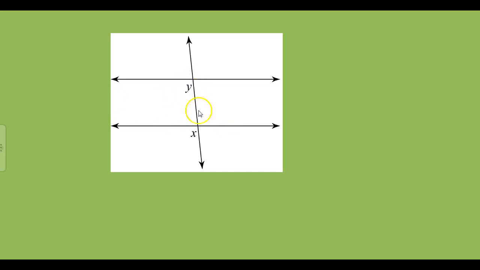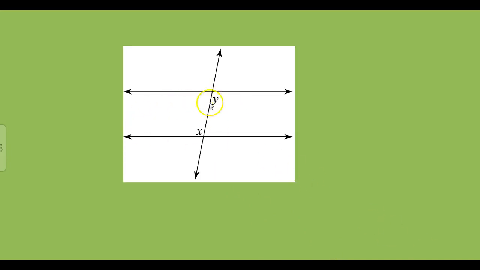Next, if you look at angle Y and angle X, they are in the same place on the transversal, so therefore they are corresponding angles. So they also have congruent measures.